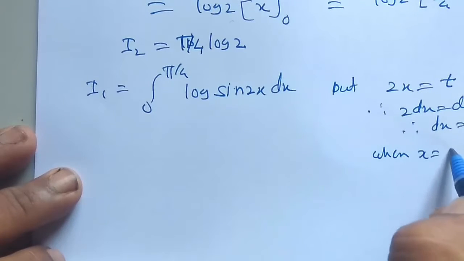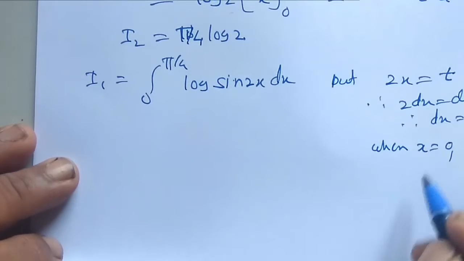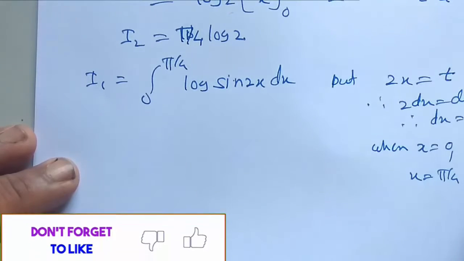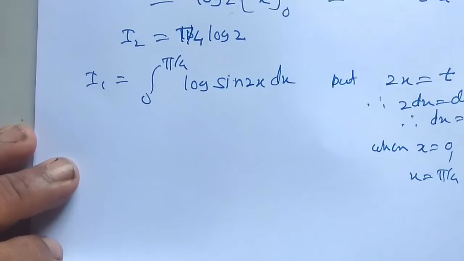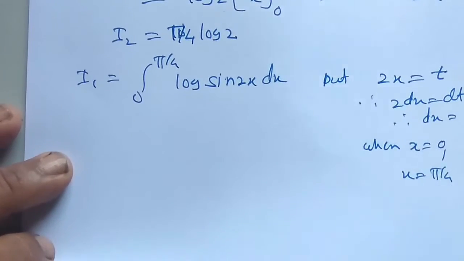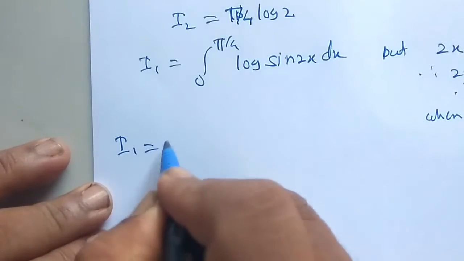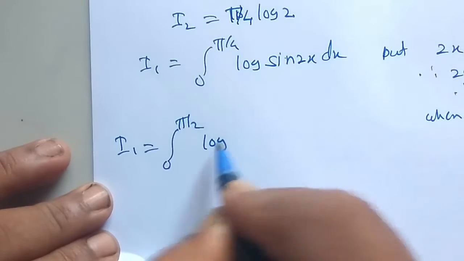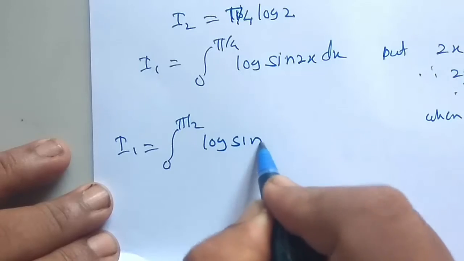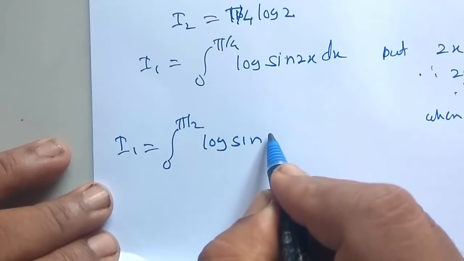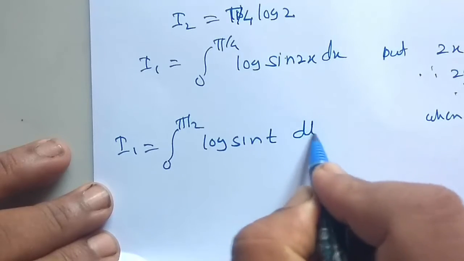When x is equal to 0, t is equal to 0. When x is equal to pi by 4, t is equal to twice of pi by 4, which is pi by 2. And therefore I1 becomes integral 0 to pi by 2 log of sin t dt upon 2.